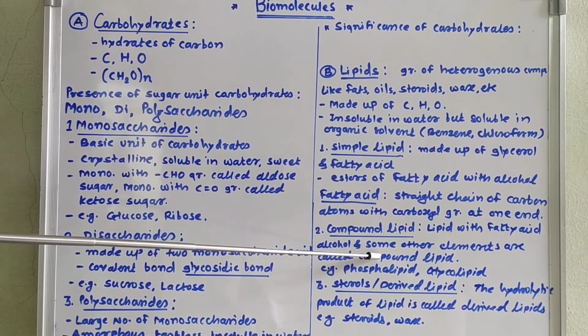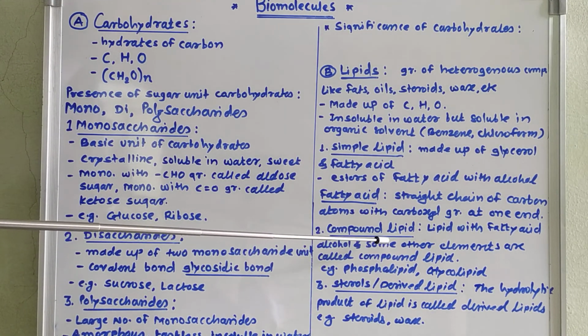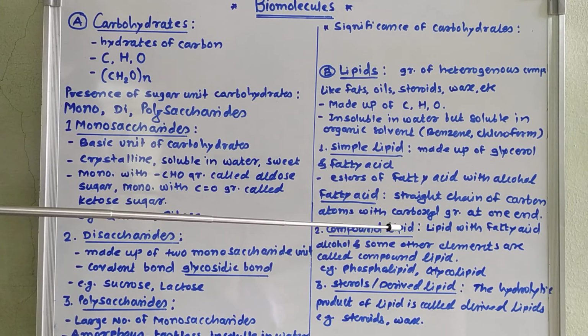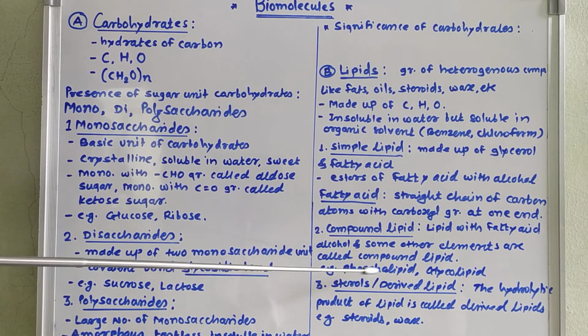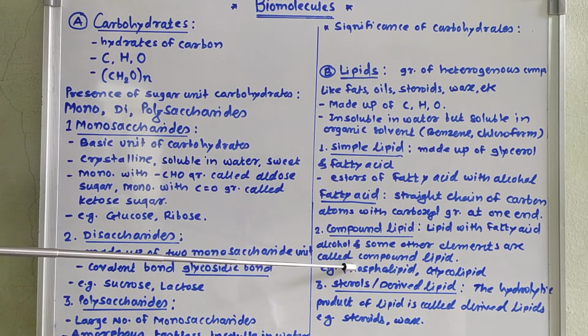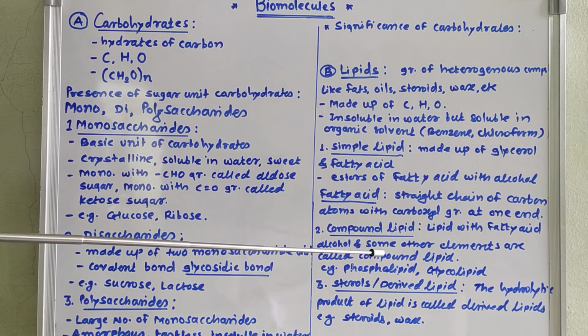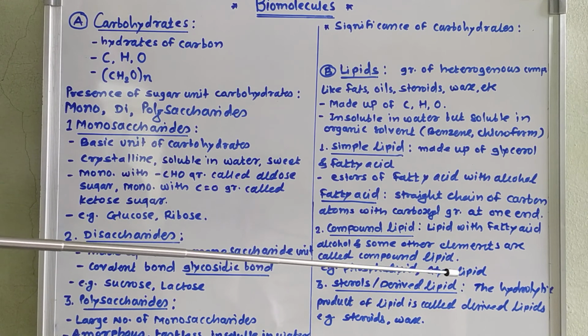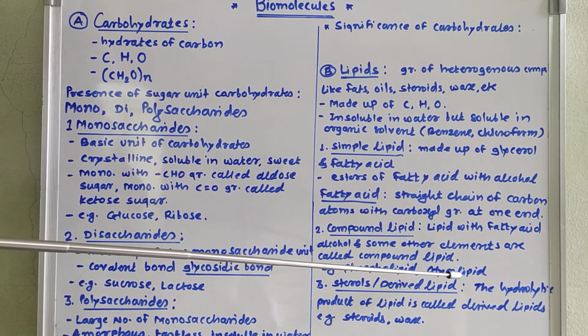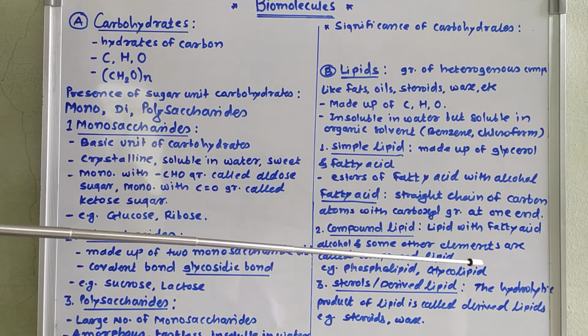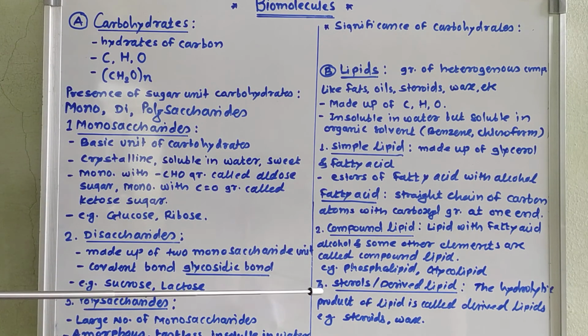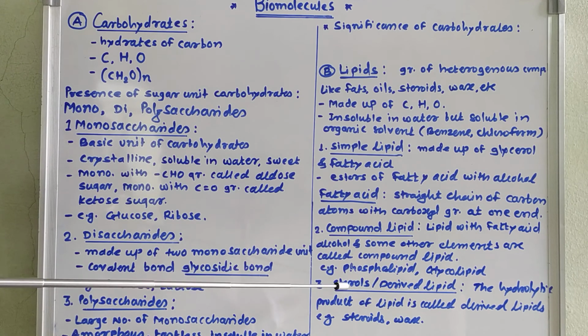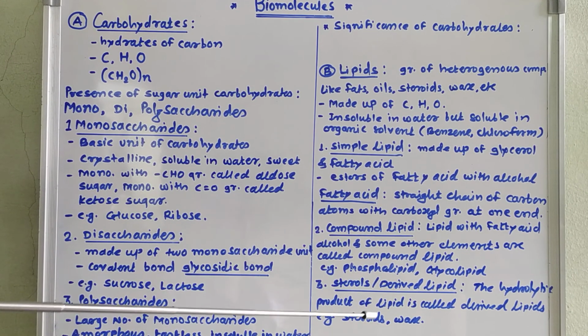Some other elements means nitrogen, phosphorus, protein, sulfur, etc. For example, phospholipid. Here, phospho means phosphorus plus lipid is called phospholipid. Glycolipid means carbohydrate plus lipid is called glycolipid.